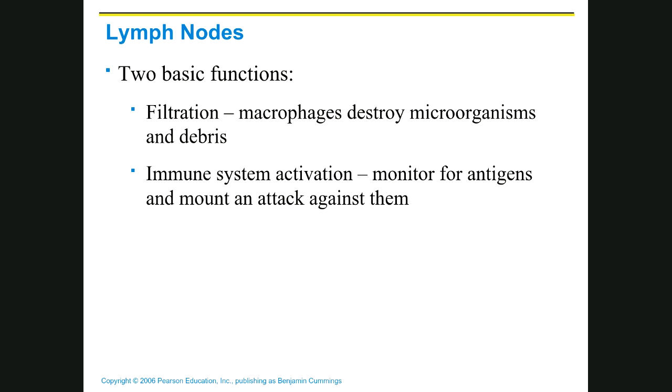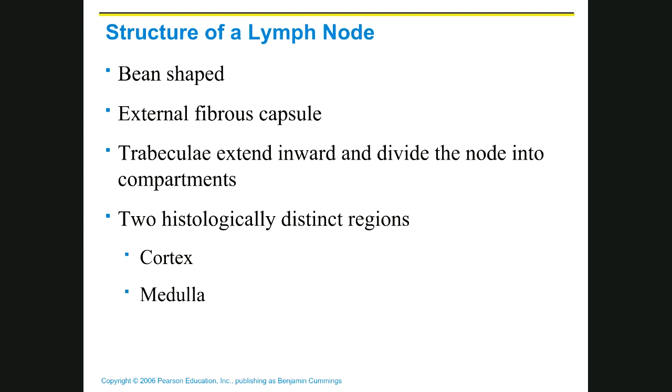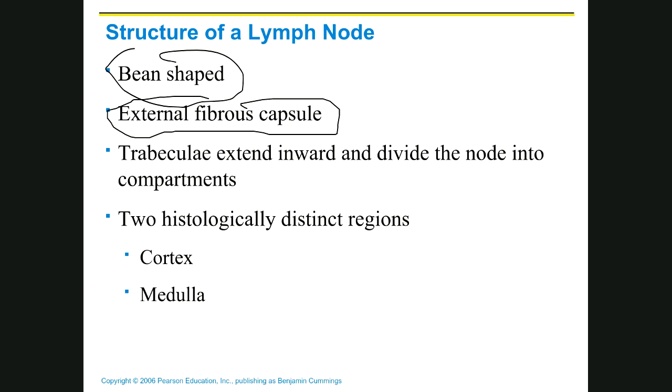Well, they basically have two jobs. One is to destroy microorganisms, and the other is to activate the immune system. So look, they're bean-shaped. They have this capsule around them, and the capsule extends inside and forms these sort of wall-like structures called trabeculae.